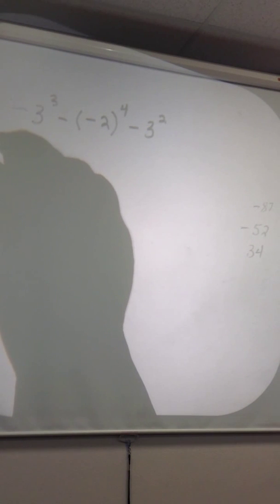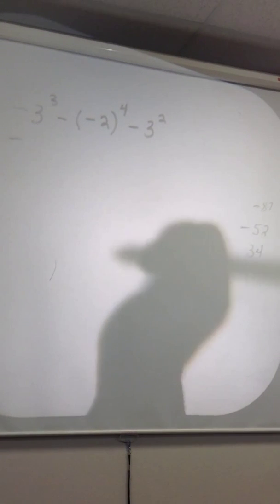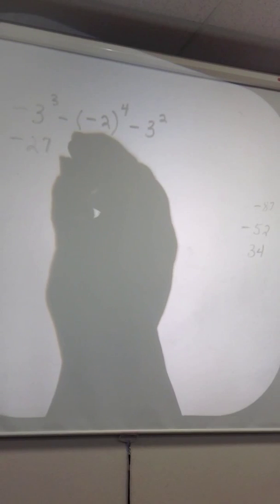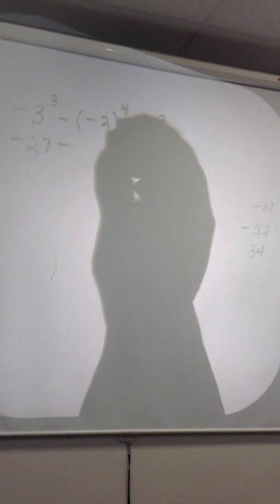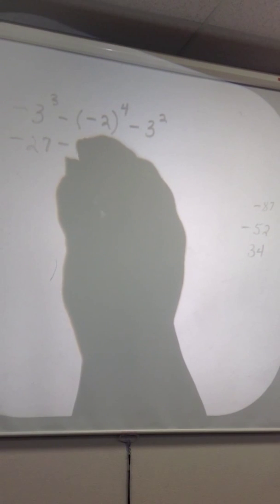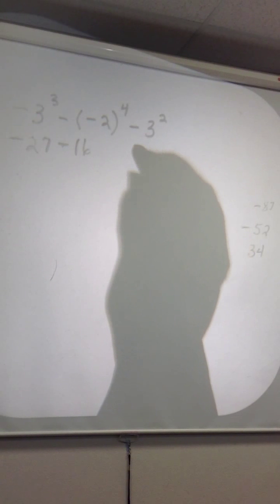This is going to be minus, what is 3 to the third power? 27. That's right. 27, it is not 9. Minus, okay, now what's -2 to the fourth power? 16. It's 16, and it is a positive 16 within there. This minus sign is from the outside.